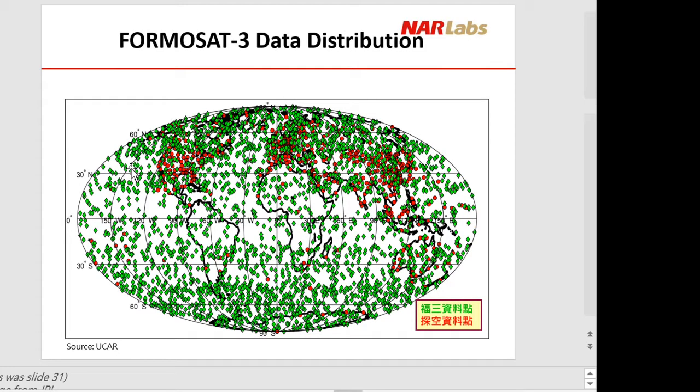However, the red dots are very concentrated on the land mass and even in places with high population. So that's why we need the green dots. That's the measurement from Formosat-3. It can cover measurements from the sea, from the Antarctic and the Arctic. That would be very helpful for weather forecasting.